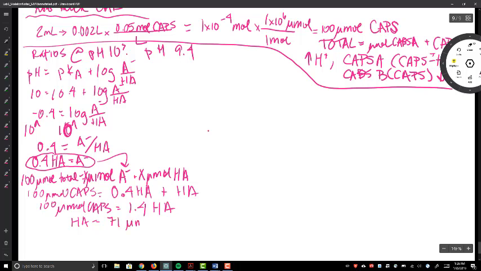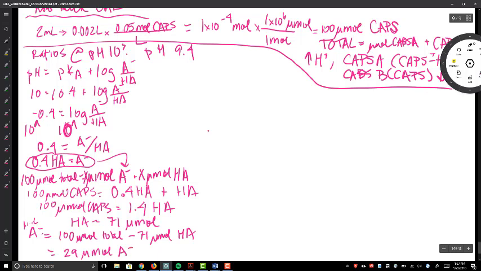71 micromole. So we know at pH 10 we have 71 micromoles of HA, and so to solve for A minus, the micromole of A minus would be equal to 100 micromole total minus 71 micromole HA, and that would give us 29 micromole of A minus.